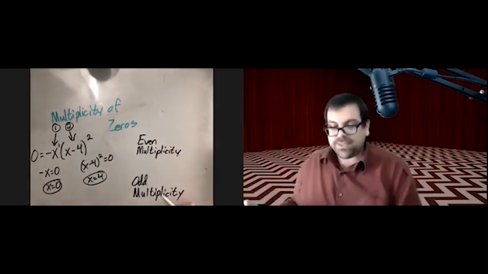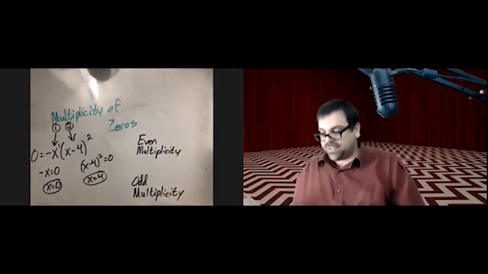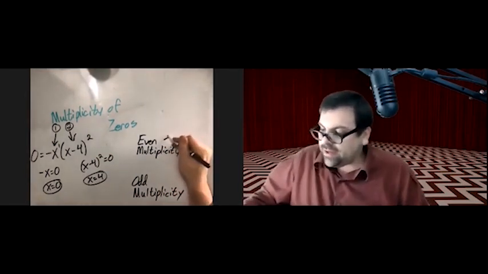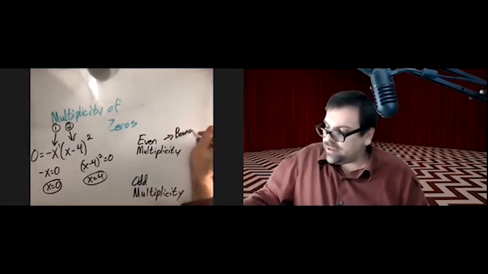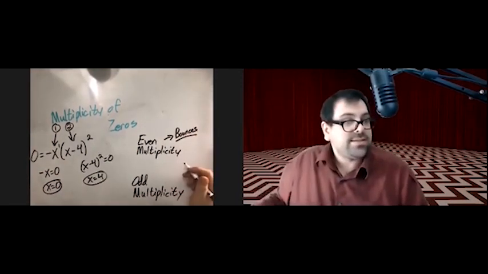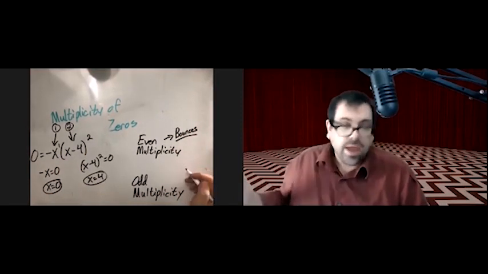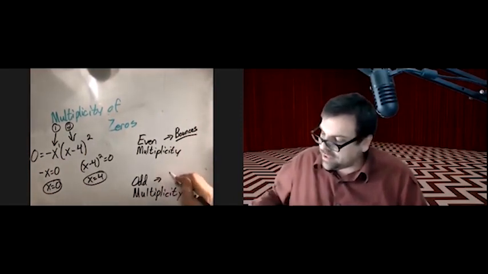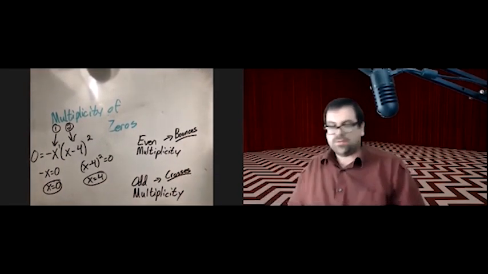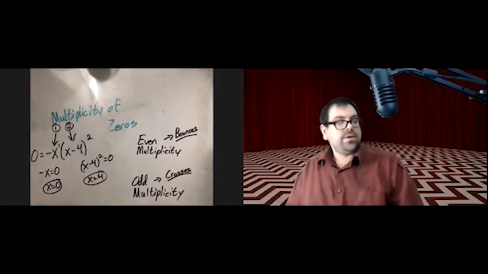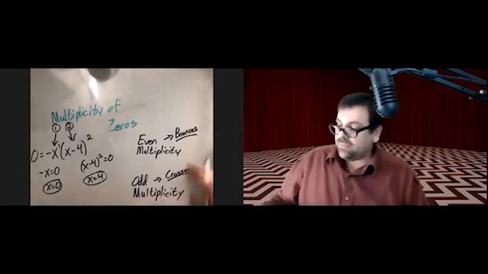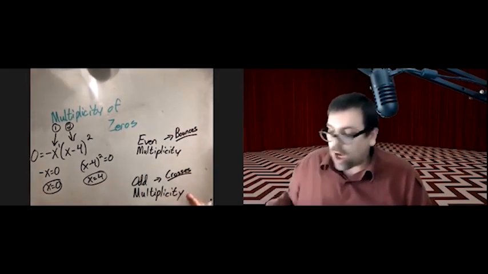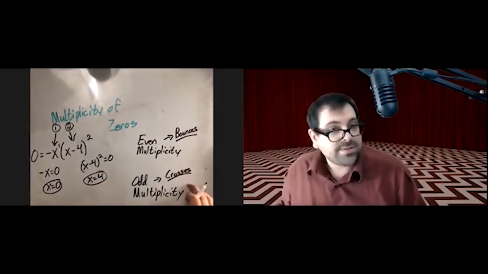An even multiplicity versus an odd multiplicity. An even multiplicity bounces off the x-axis. An odd multiplicity crosses the x-axis. Even multiplicities bounce, odd multiplicities cross.